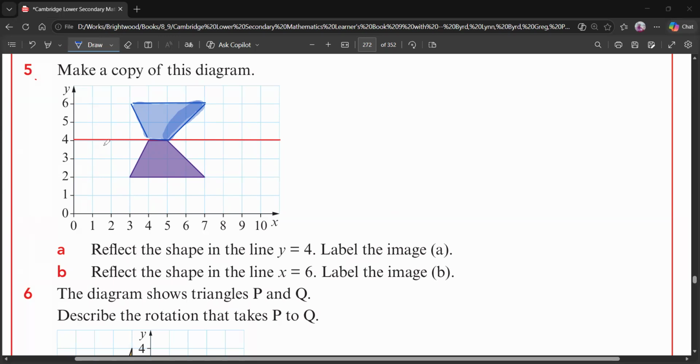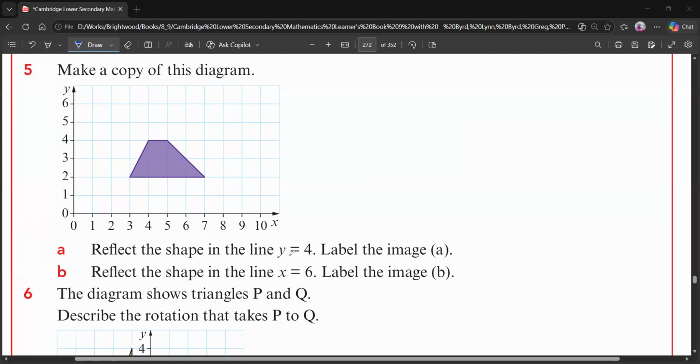It's drawn according to y equals 4. If you are thinking x equals 6, what should be there? x equals 6, not 7, 6, okay? It's different. Here is the image of A. Here the image of A we draw.